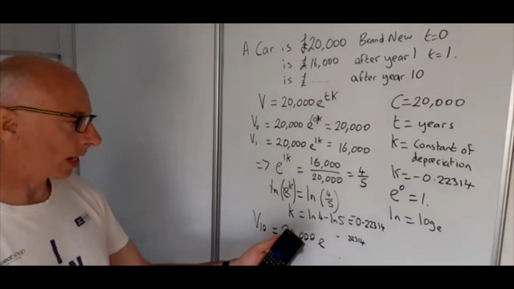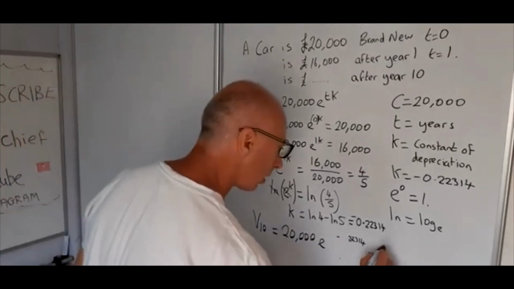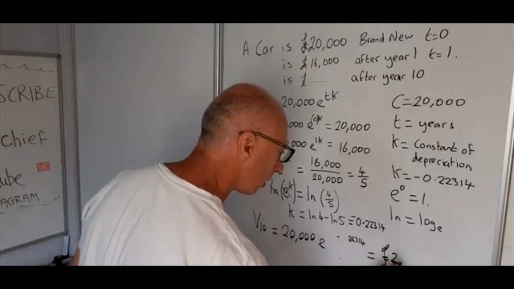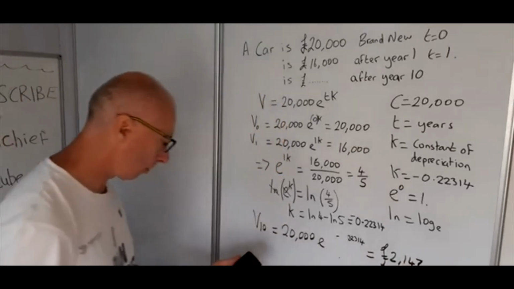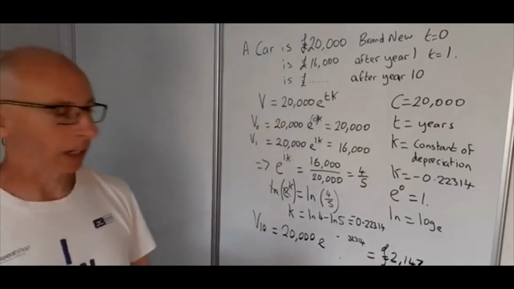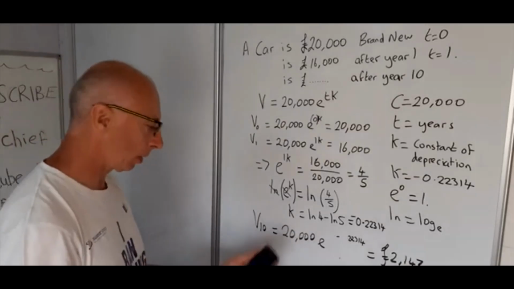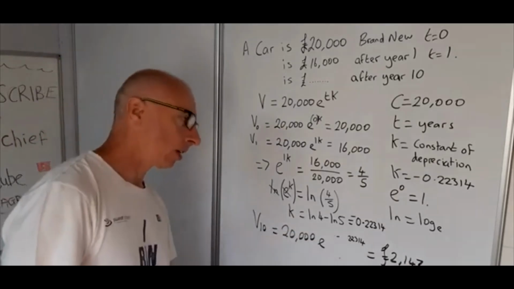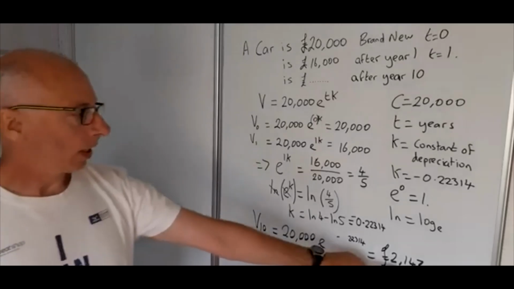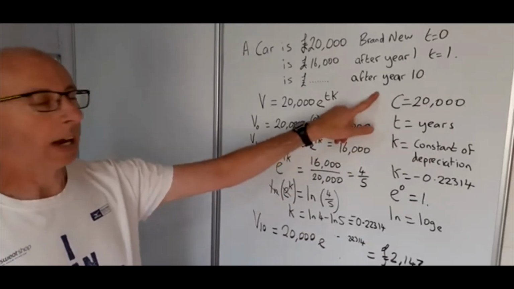That's going to leave us with 2,147 pounds and a few pence. 55 pence to be exact, but I think that's enough. Okay, so that's our value after 10 years.